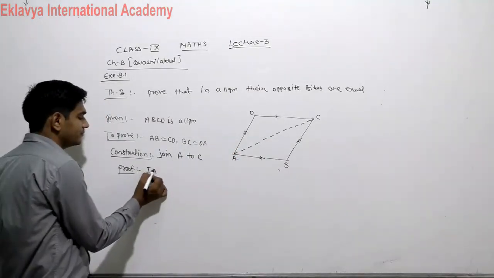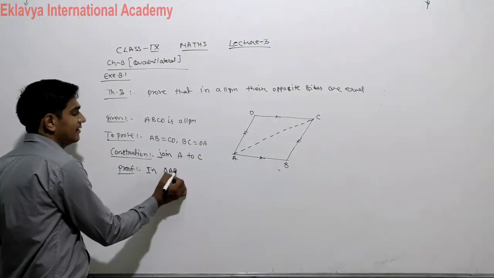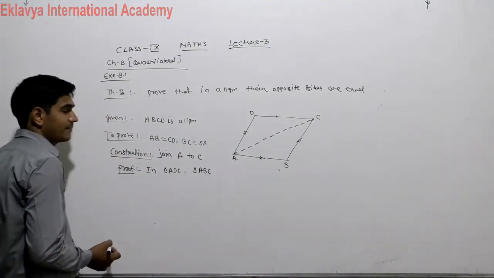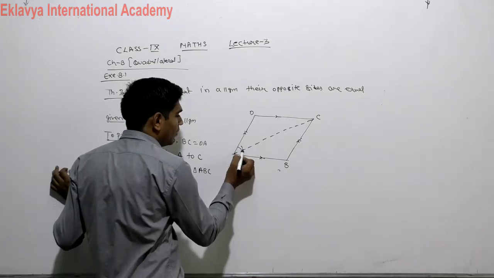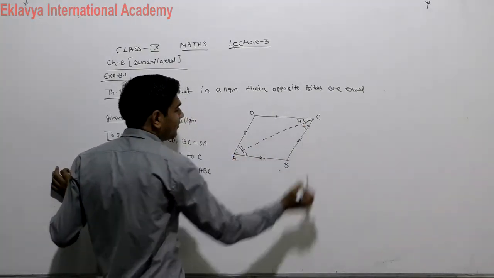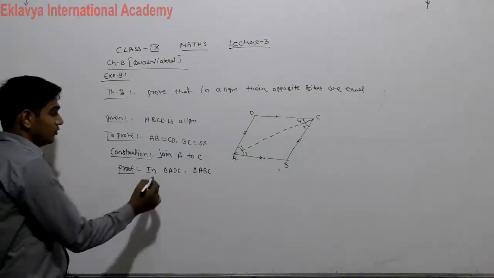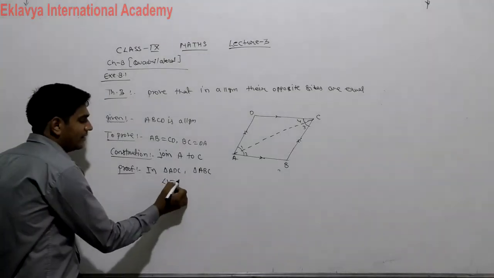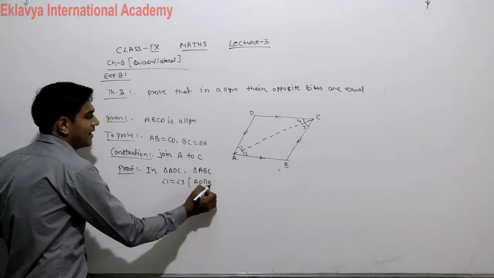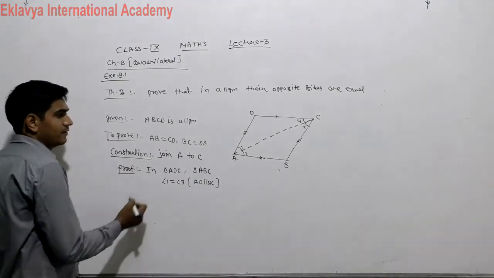In triangle ADC and triangle ABC, name the angles angle 1, angle 2, angle 3, angle 4. Firstly, angle 1 is equal to angle 3, reason: AD is parallel to BC.